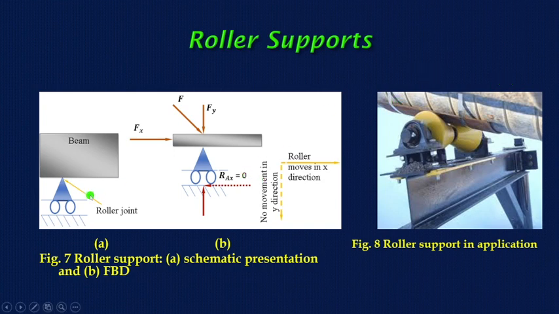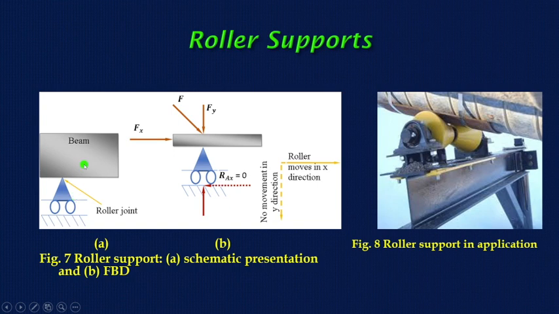Now see here, this roller support: two rollers, or more than two, or sometimes one roller is there, and the beam is supported by the roller. The joint between this roller and the beam is called the roller joint, and the corresponding support is the roller support.